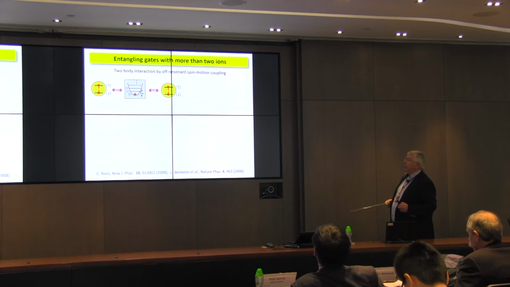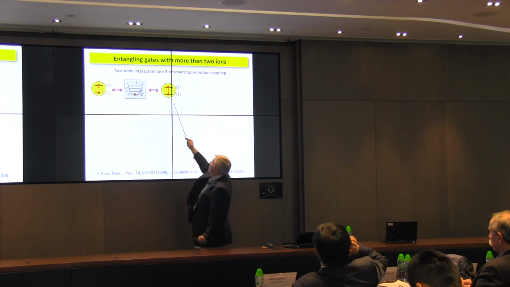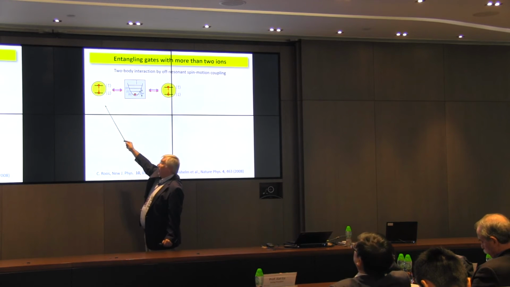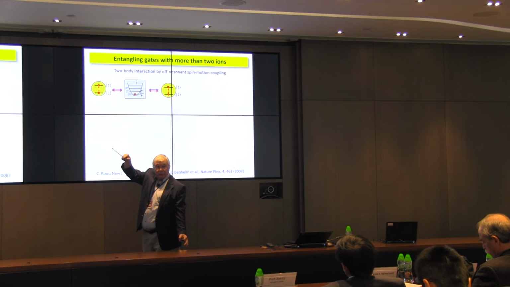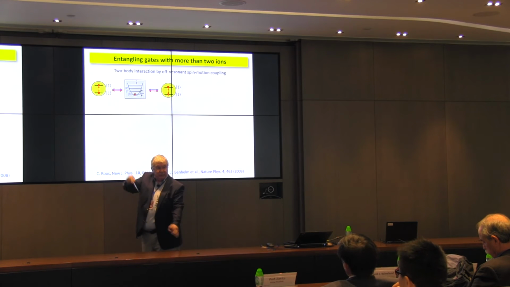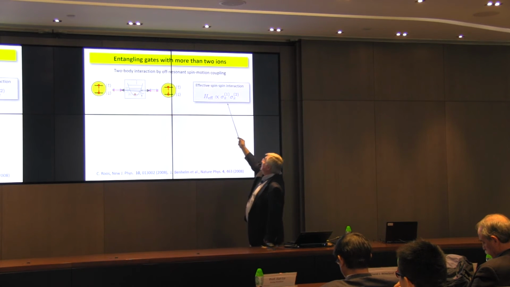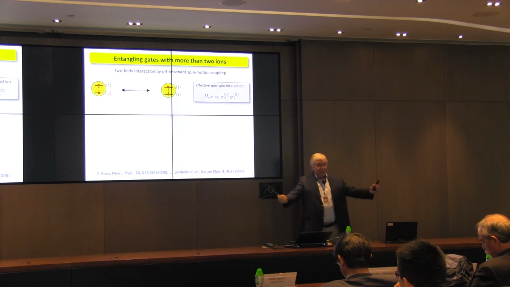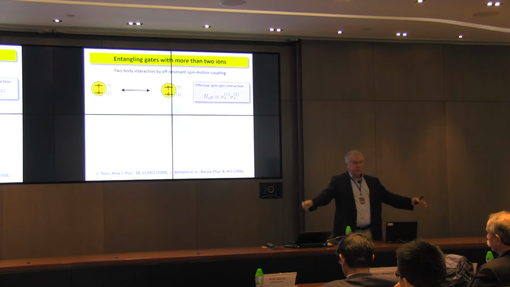But what's so important now for other physics is the following. What we actually do is the following. We just take these two ions, which is the gate operation, and talk immediately, of course, with the motion. The motion is always in the first excited state. So they talk to that mode. And if you really write down the mathematics, the effective Hamiltonian is nothing but a spin-spin interaction, or two-level system interaction.